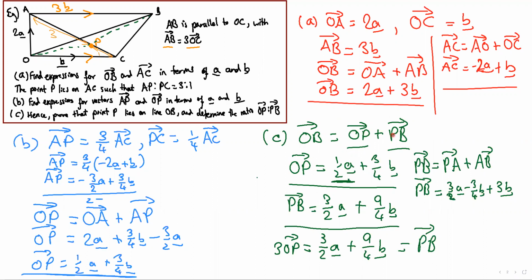The reason I opted to do this set of vectors is because the second part of the question asks to determine the ratio OP to PB. Well, we've actually done that here. We know that OP is 3 times PB. So PB is 3 times OP. So that will be equal to 1, 3. That's our ratio.